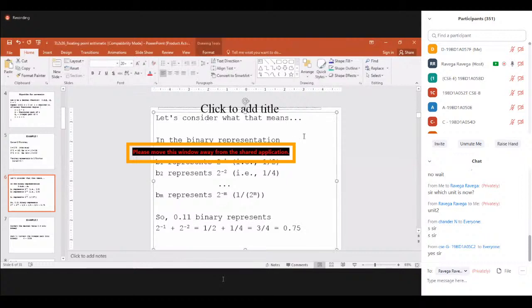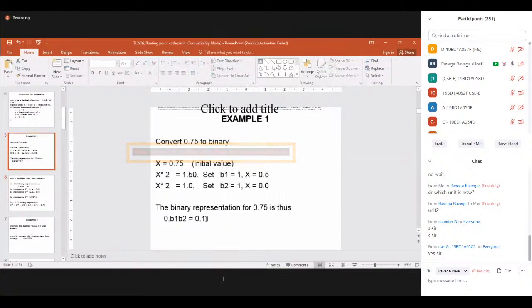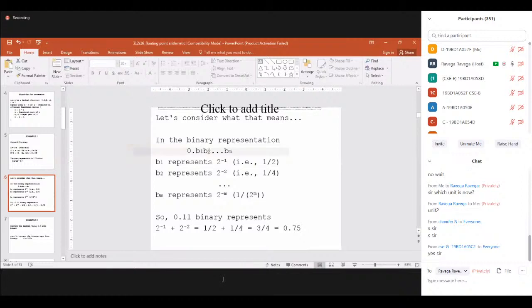In the binary representation, I'll be having a number with bits B1, B2. B1 represents 2 to the power of -1 and B2 represents 2 to the power of -2, and so on, to Bm, which represents 2 to the power of -m.